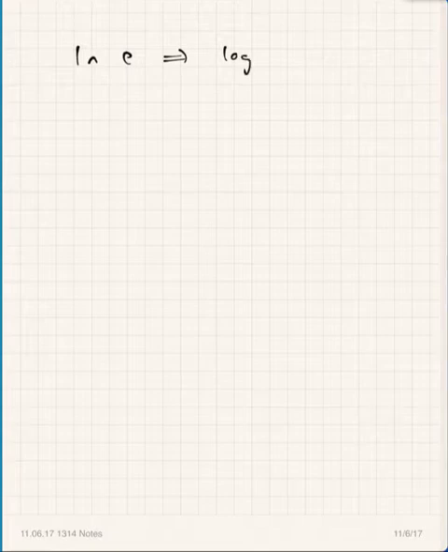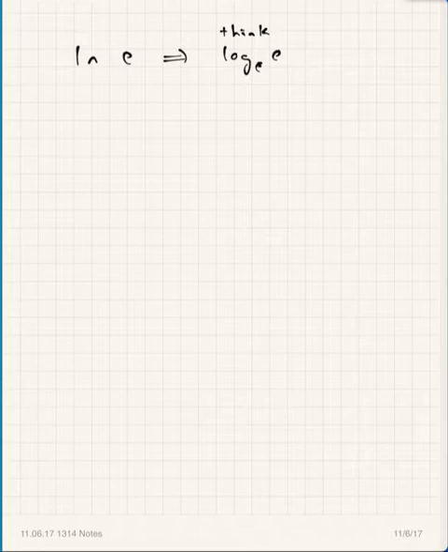All right. Let's look at the natural log of e. Remember, that would be the logarithm base e of e, if you want to write it that way, or at least think about it that way. Remember, that's what ln represents.